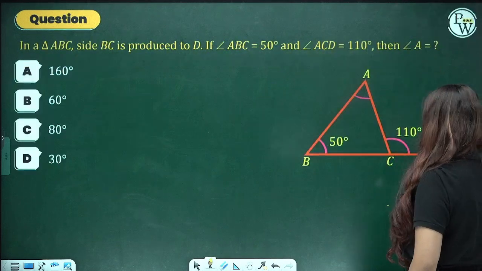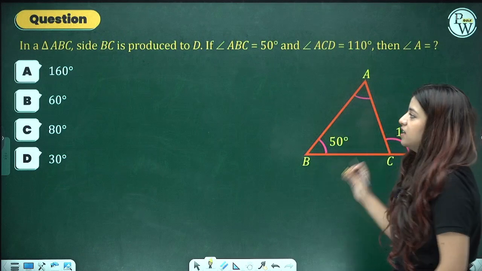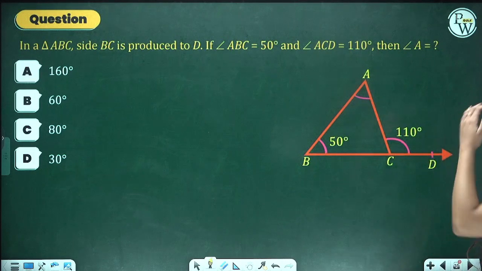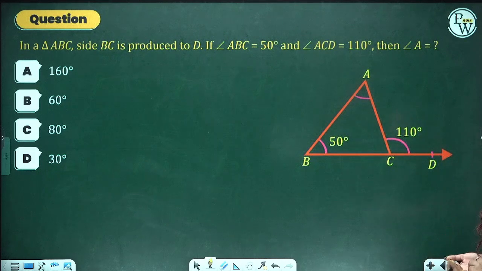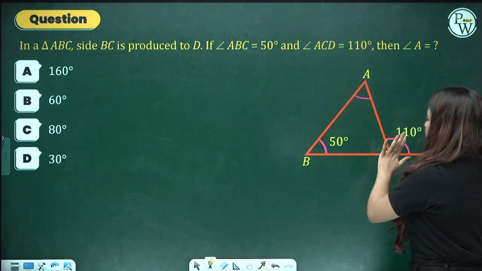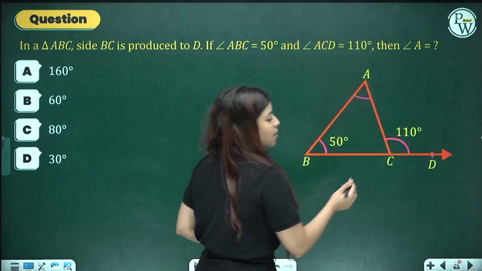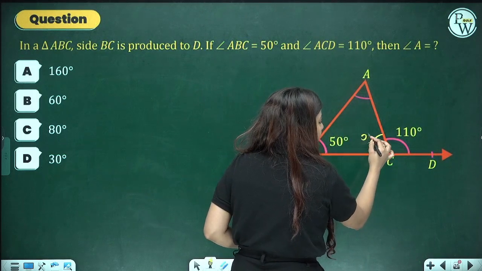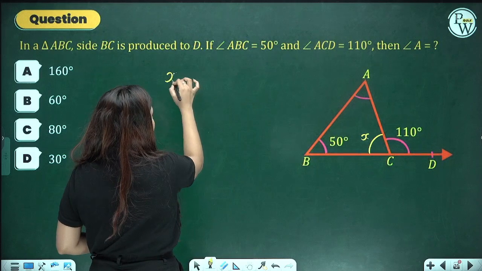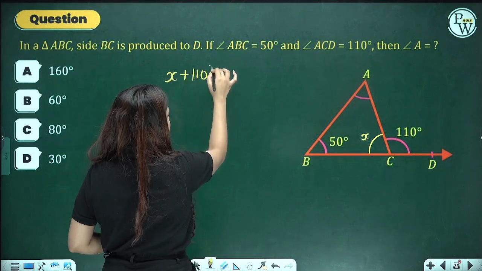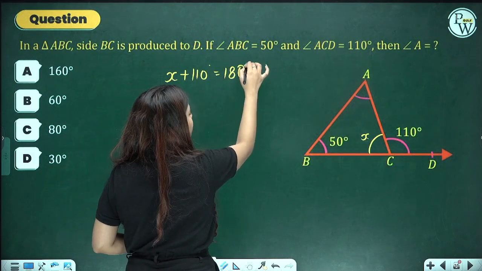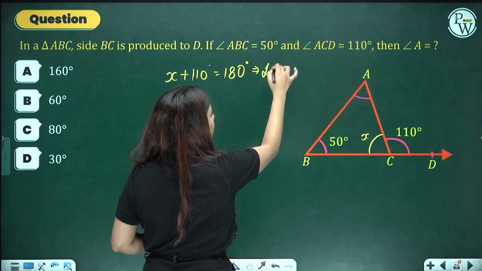Now let's move forward to do some MCQs. In a triangle ABC, side BC is produced to D. If angle ABC is 50 and angle ACD is 110, we have to find angle A. Very simple question. See, if this angle is 110, let us say this angle be X. So we can say that X plus 110 will be equal to 180. Why, students? Linear pair.